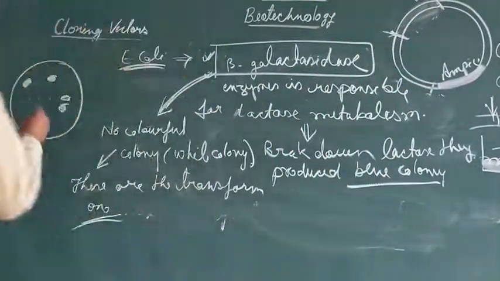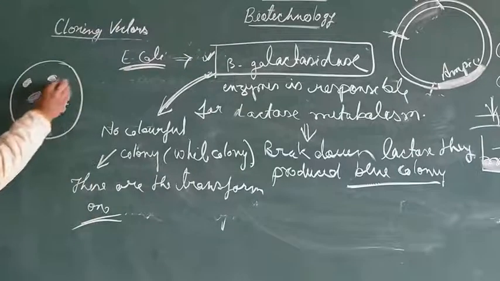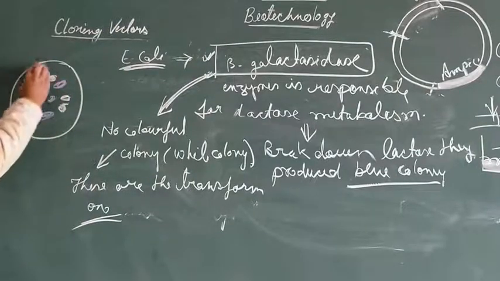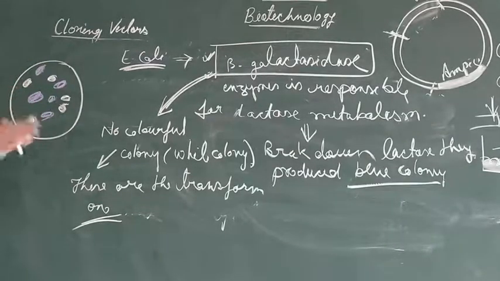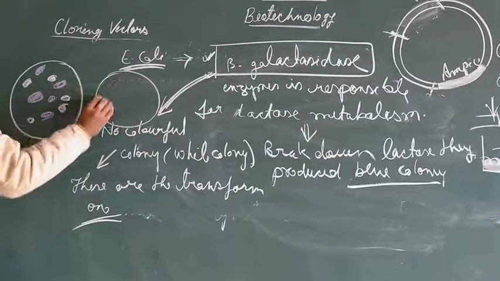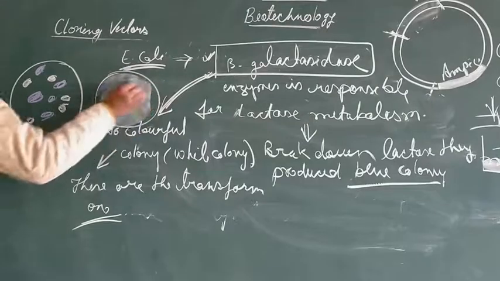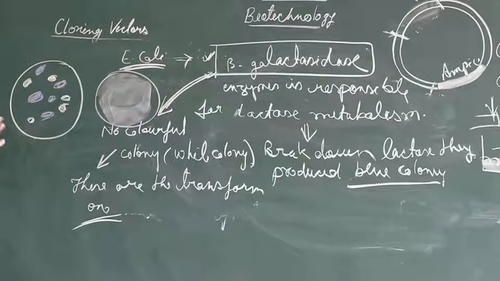These blue colonies are actually wild type, not our desired plasmid, but the white colony is the one which we have transformed. Again we take a small inoculum from them and culture them separately in different plates, and we will get all the pure transformed ones.